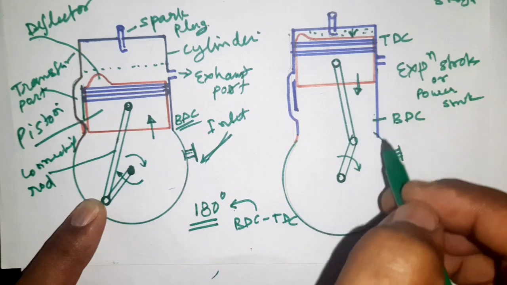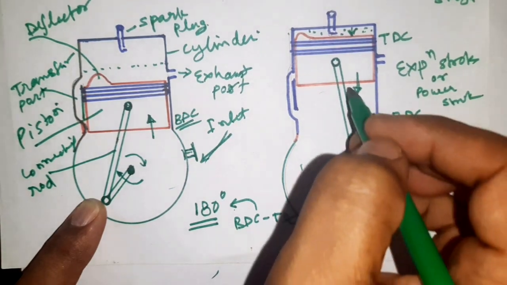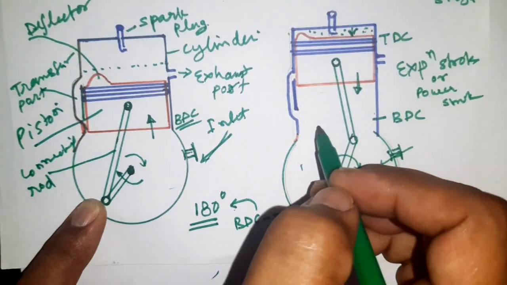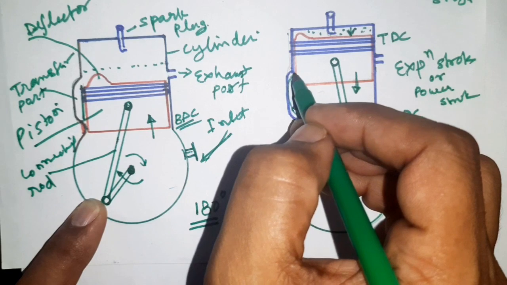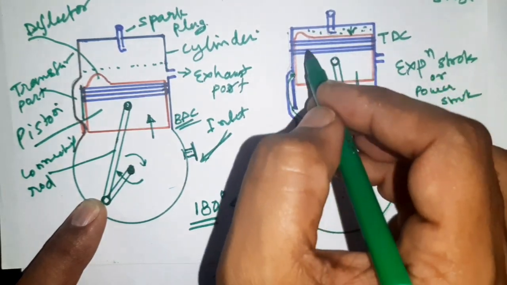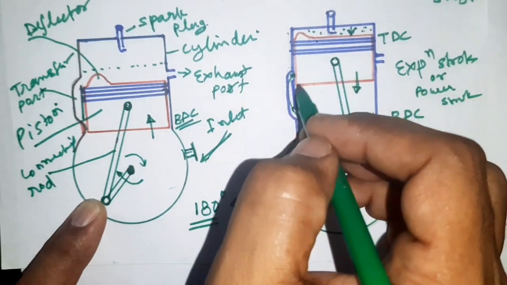The air-fuel mixture that entered this casing will be compressed, and it will be transferred into the combustion chamber when the piston comes from here to here.